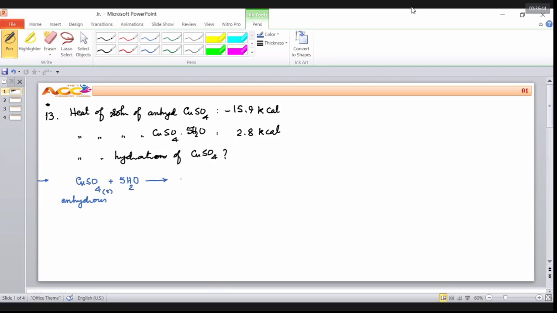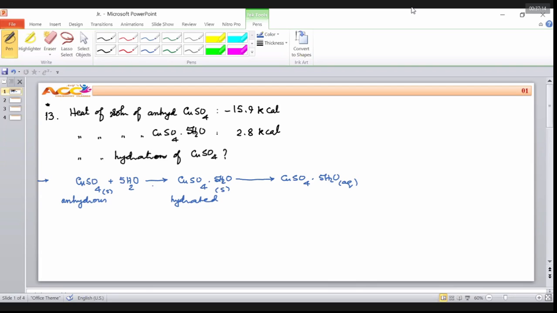Then it will convert itself to copper sulfate dot 5H2O, which is also solid, and its name is hydrated copper sulfate. Then, because excess water was added, it goes on to dissolve, copper sulfate dot 5H2O, and this is aqueous.